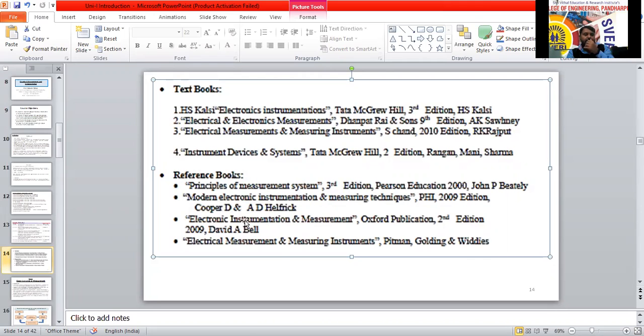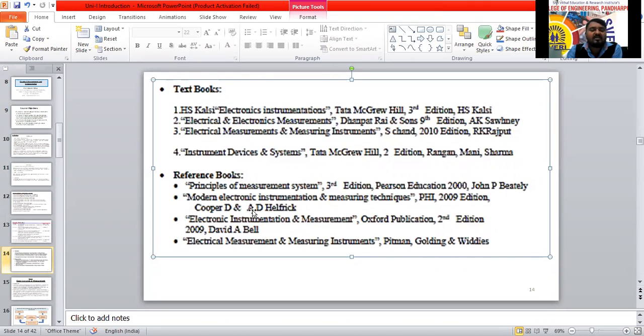By referring to the reference books, the textbooks define things here. By referring to these textbooks, we have written the notes. So if you are not getting enough material from the notes, you can go for the textbook. If the textbook is not enough, you can go for the reference books.